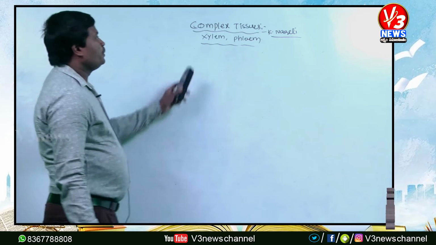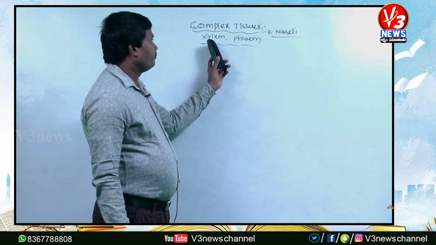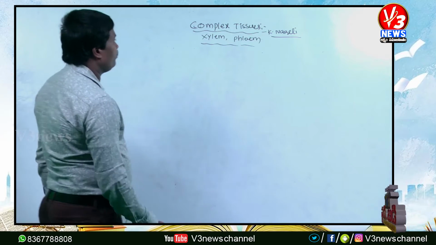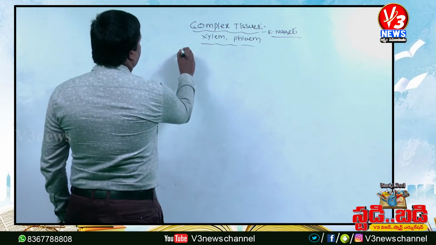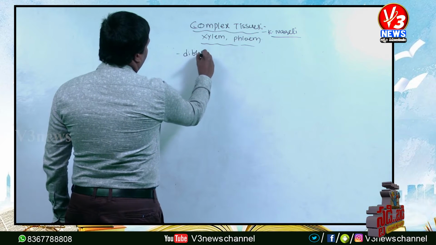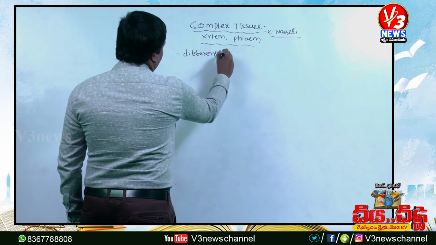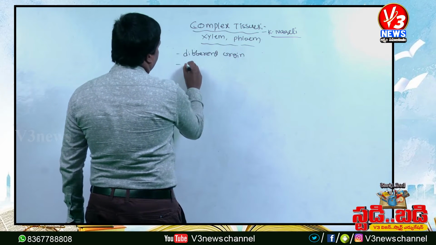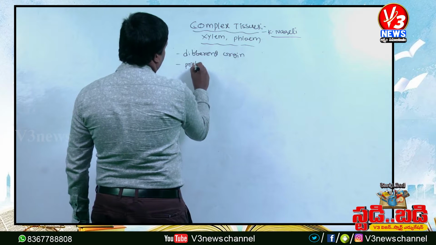So, complex tissues, there are two types of tissues, xylem and phloem. Complex tissue is formed from different origins and performs the same function.